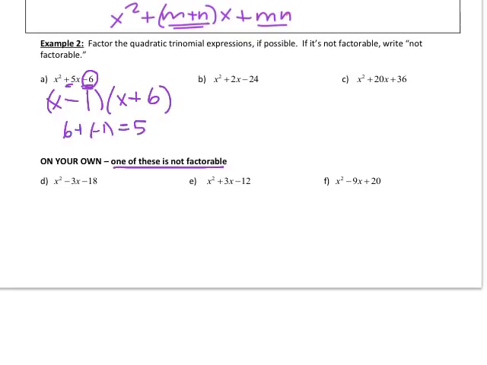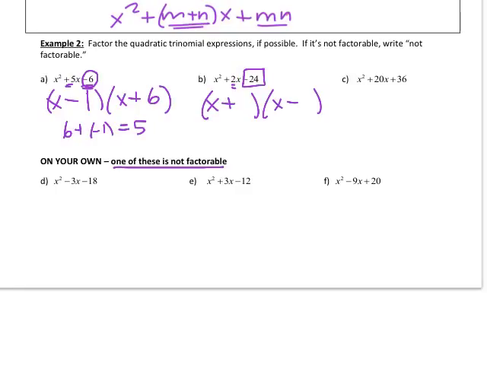So that works. All right, well, in part B here, I have a problem that looks like I have to multiply two numbers to -24 and sum the numbers to get +2. And if I do that with setting up my two binomials, again, I have a negative C value, so one of my numbers is going to be positive, one of my numbers is going to be negative that multiplies to -24.